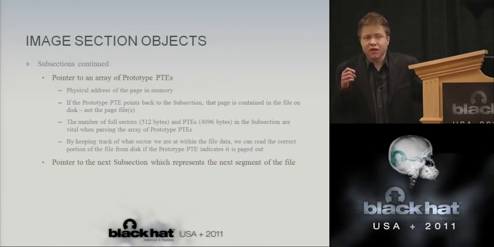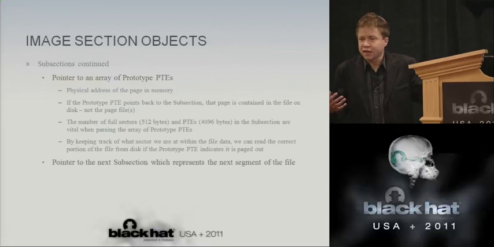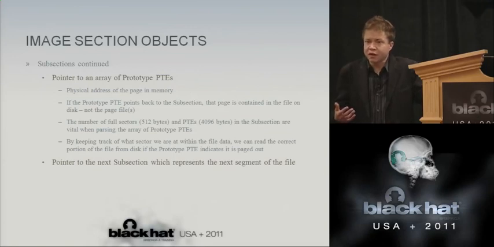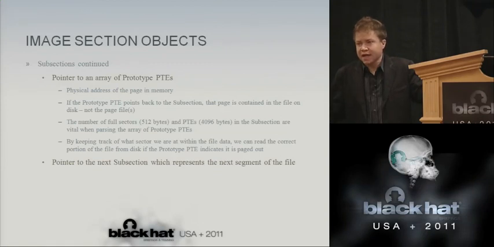However, if it's just a binary, it's not changing, the code doesn't permutate, there's no reason to write it to the paging file because every single process will share the same data and it can be located on the file system itself. So NTDLL, if there's a page of memory that is in NTDLL that isn't in memory, it won't be in the paging file, it'll be in the file itself.